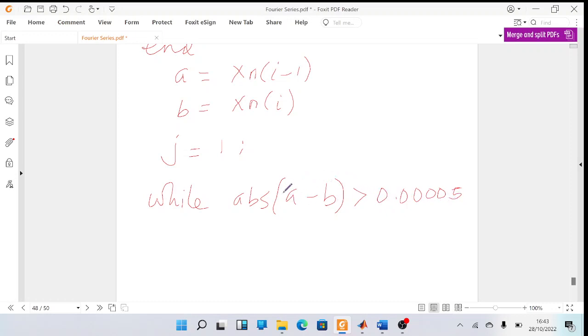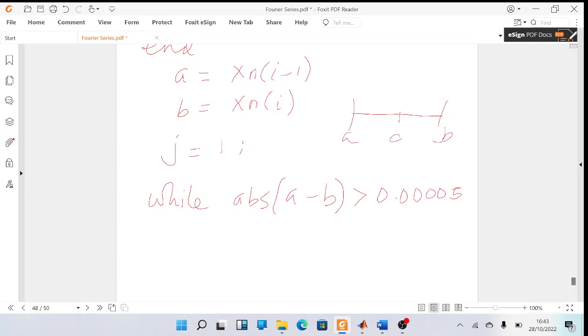As long as the absolute value of a minus b is still greater than this, I need to do the next iteration until the interval is small enough. Remember, we are partitioning the interval a, b by finding c.